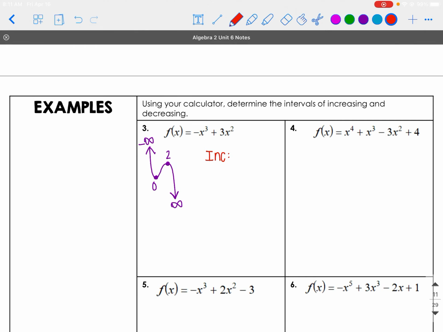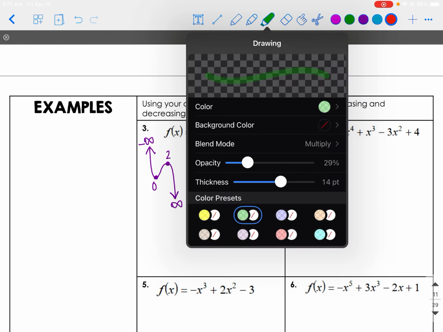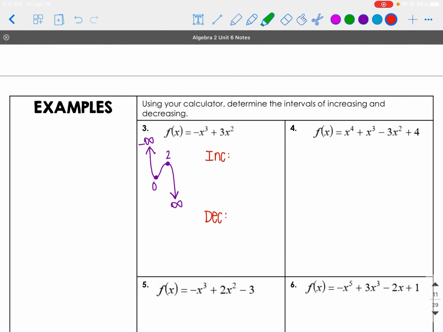So we have increasing, decreasing. Let's start left to right. We start going down, so we decrease from negative infinity to 0.